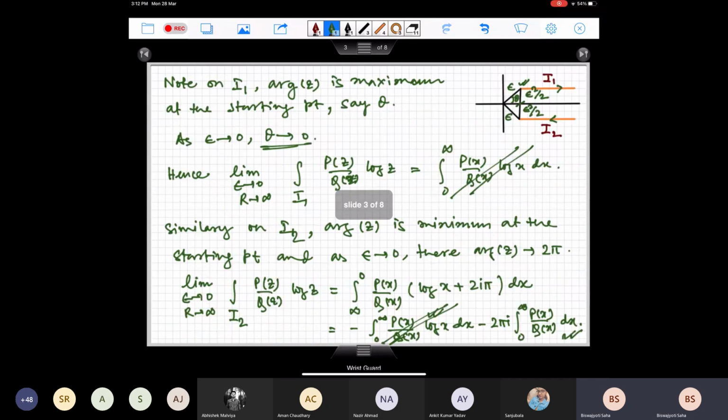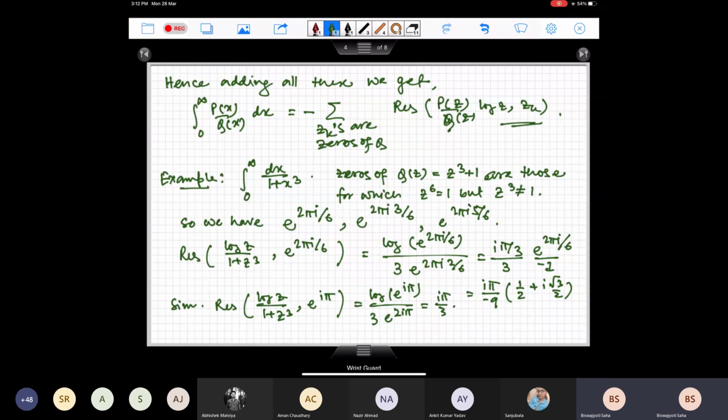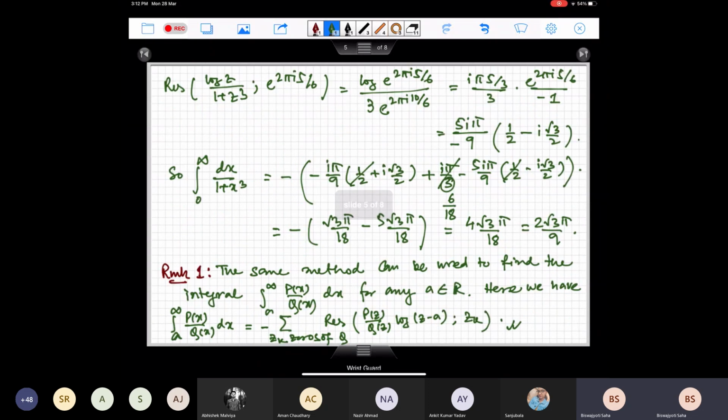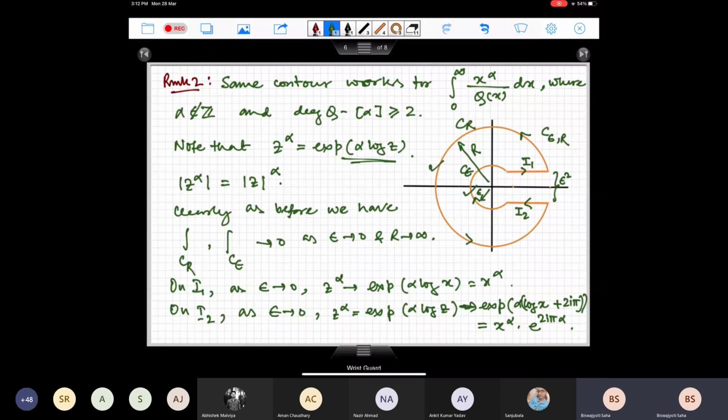The second thing was that I shifted the center. It need not be at 0, so accordingly you replace log z by log of z minus a, with exactly the same formula. And in the third case, you can have fractional powers in the numerator or in the denominator somewhere, and accordingly you can adjust.